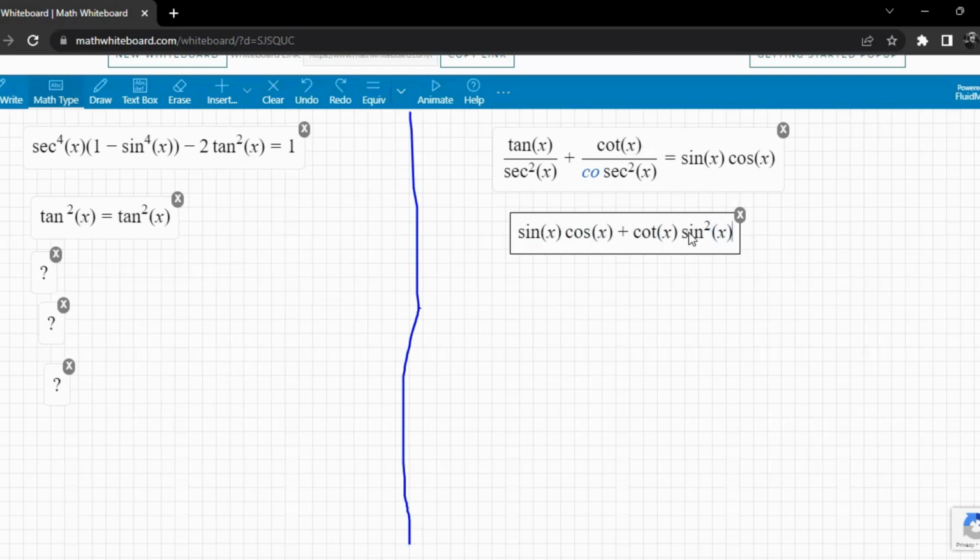Cotan of x becomes cos of x by sin of x times sin square x, so this becomes again cos of x times sin of x.